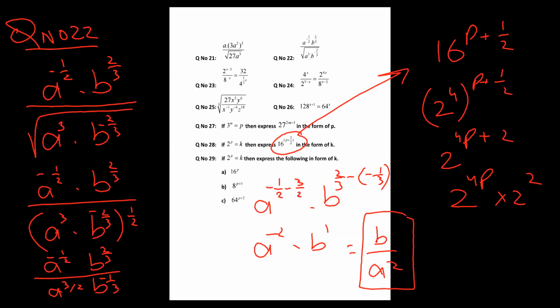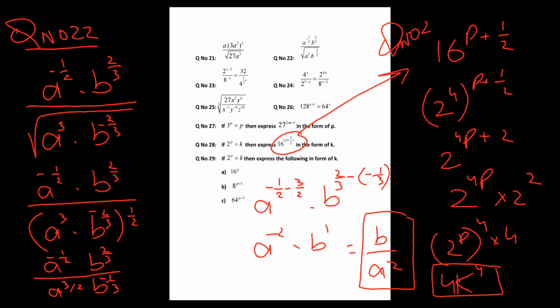So this 2 to power p inside, and this 4 I'm writing outside, and this is 2 to power 2, which is 4. 2 to power p is how much? Repeat. 2 to power p, how much? And my answer is done. Alhamdulillah. This is my answer, into 4 at the end or into 4 in the starting position. This is my answer of question number 28. I have done 28 also.